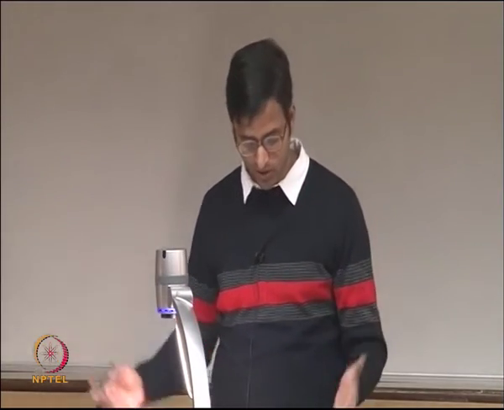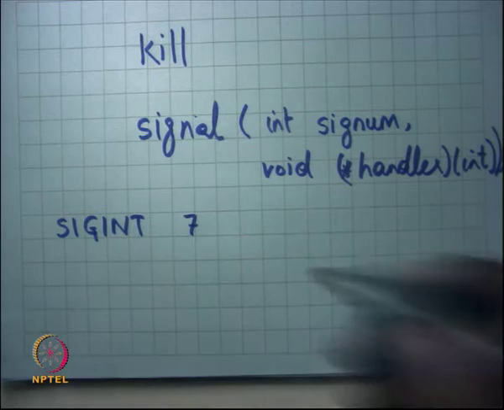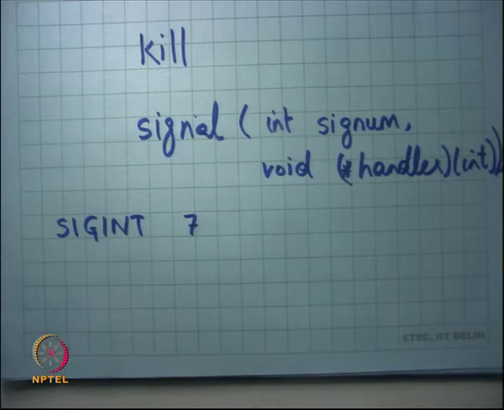The signal system call is used to register a signal handler with a particular signal number, and SIGINT has a particular number. I don't know what it is, but let's say it's 7, hypothetically. So SIGINT stands for 7, and for signal number 7, the handler is this.